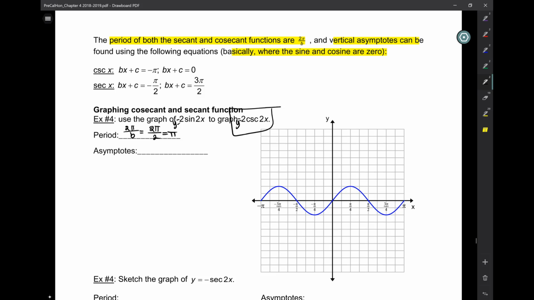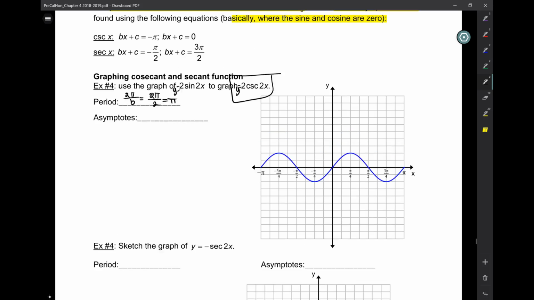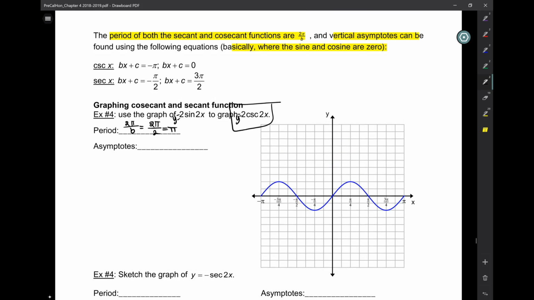It's easiest to do that. You know how to graph sine, and once you graph the sine, you do the cosecant. Are you going to give us the equation? No, it's the same though.